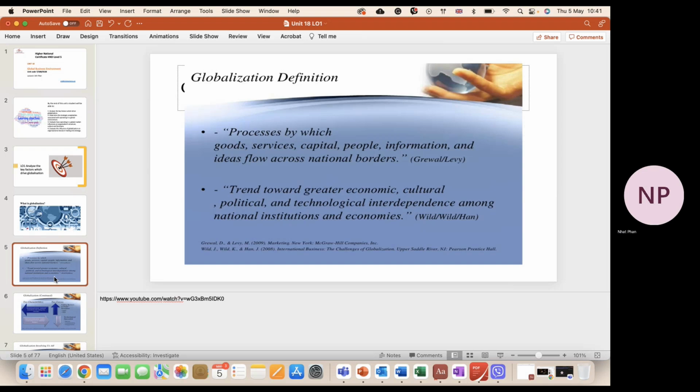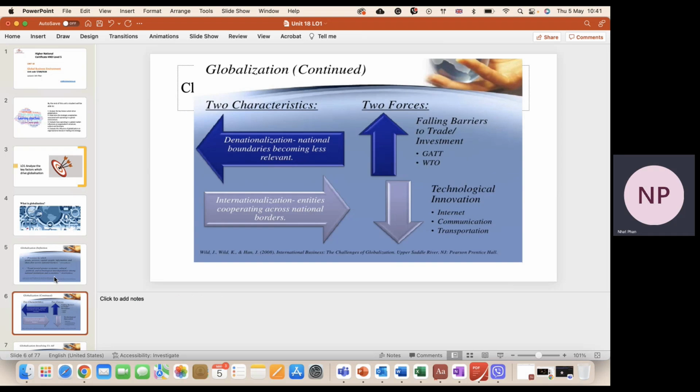This is the trend toward greater economic, cultural, political, and technological interdependence among national institutions and economies. We say there are two characteristics of globalization, so first we need to understand what denationalization is, and second, what internationalization is. As you can see on the screen, denationalization is where national boundaries become less relevant, and you open yourself up to adapt to new information from all over the world.